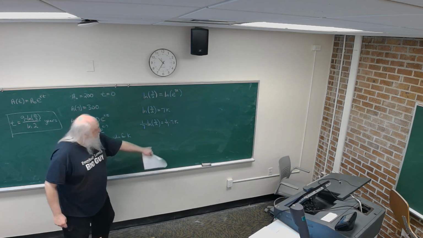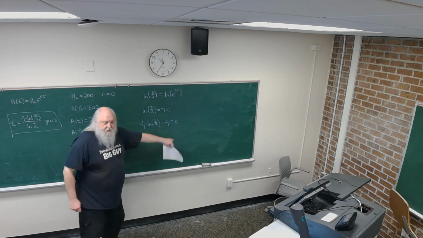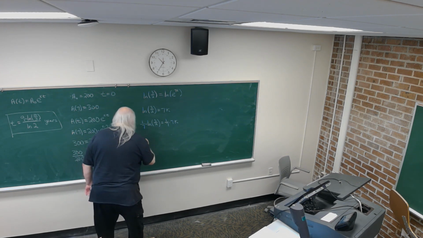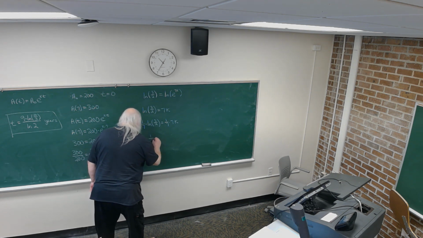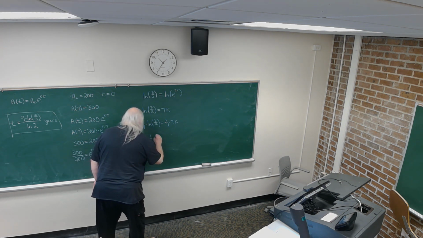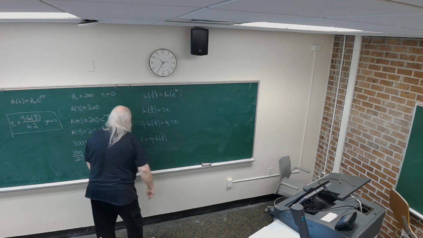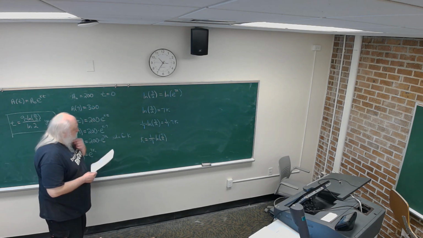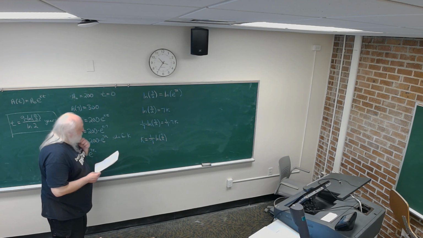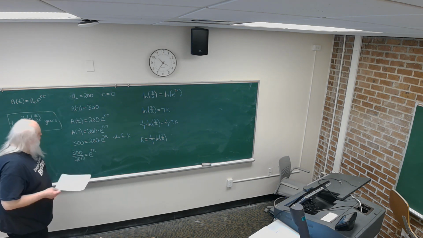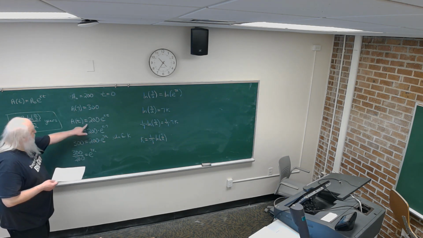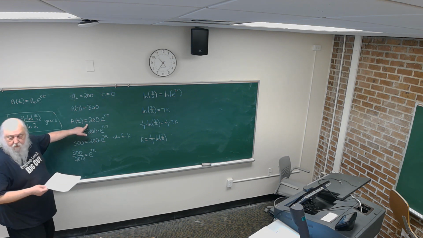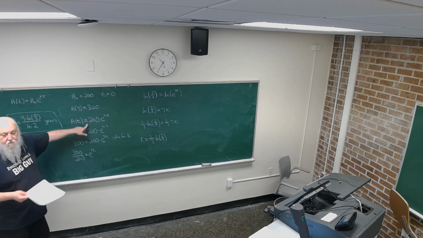Now 1/7 times 7k is just k. When I switch the two sides, I have k is equal to 1/7 times the natural log of 3/2. So now I can put my value of k into my model here, and now I have my exponential model for this problem.